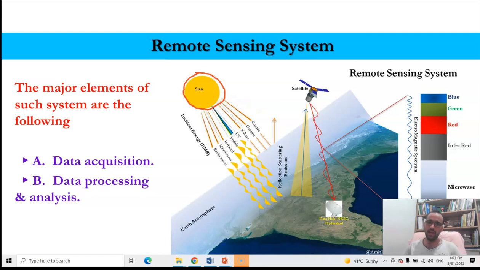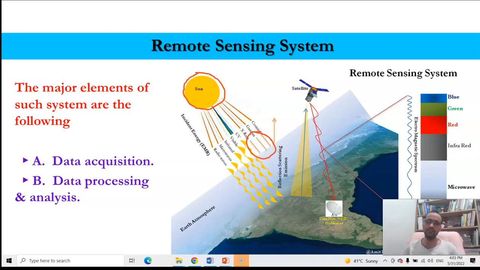And then it has to cross the Earth's atmosphere. Depending on different compositions like gas particle size and other particles available in the atmosphere, this energy has to interact with those particles. You can see here I drew some lines showing that it cannot penetrate the atmosphere because the wavelength is too small compared to atmospheric particles. So this is not important at all for remote sensing.